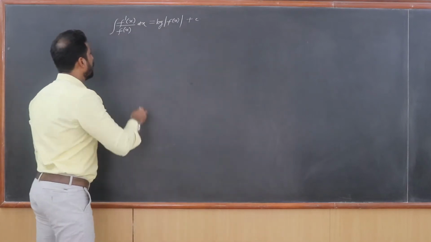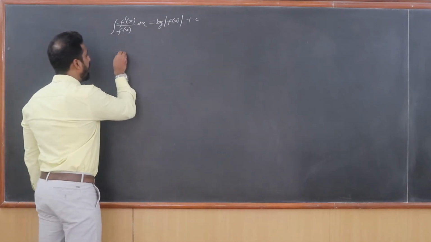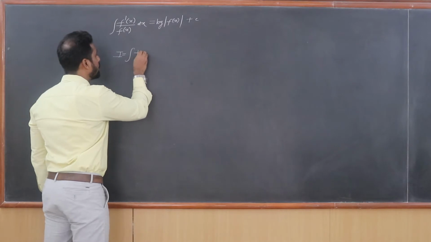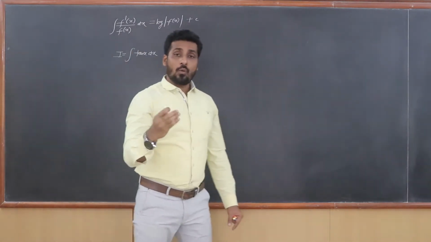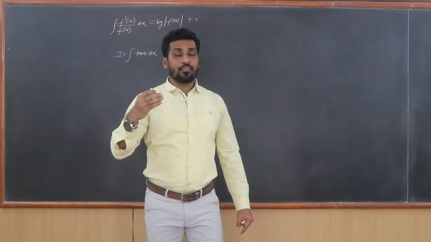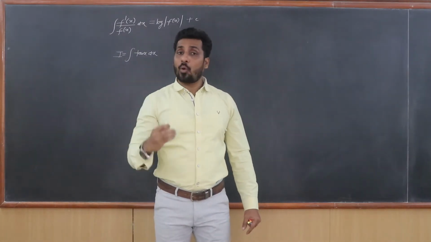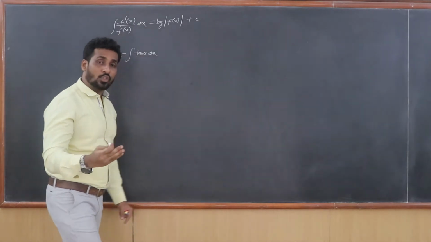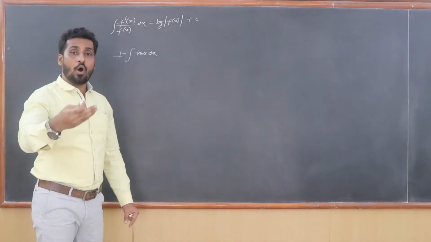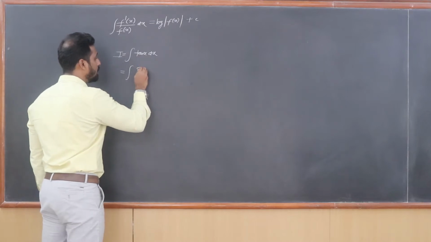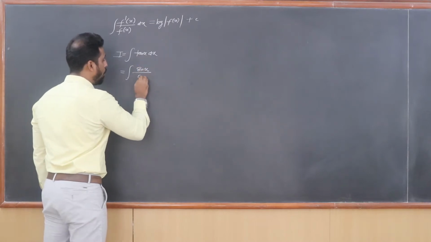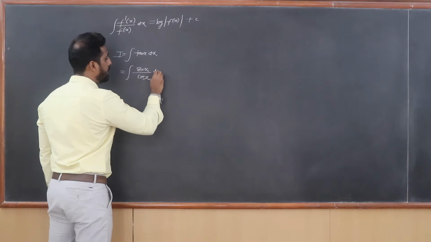Now if I write I is equal to integration of tan x dx, do you recall from trigonometry, tan x can be written as sin x upon cos x, isn't it? So I am going to write here integration of sin x upon cos x dx.